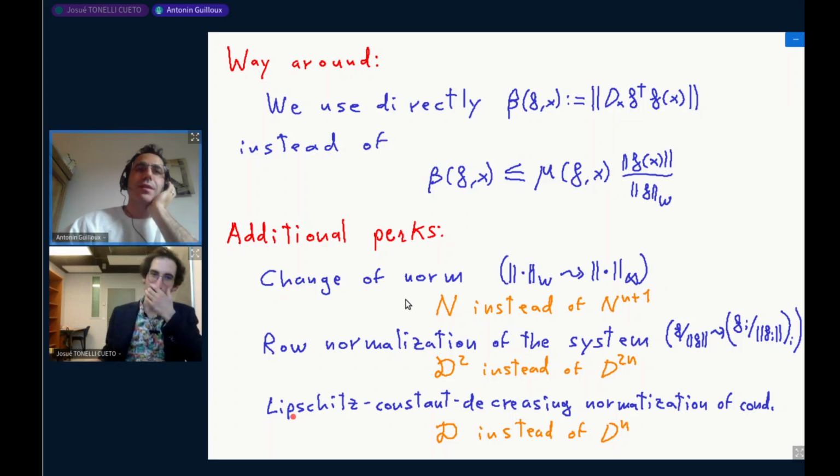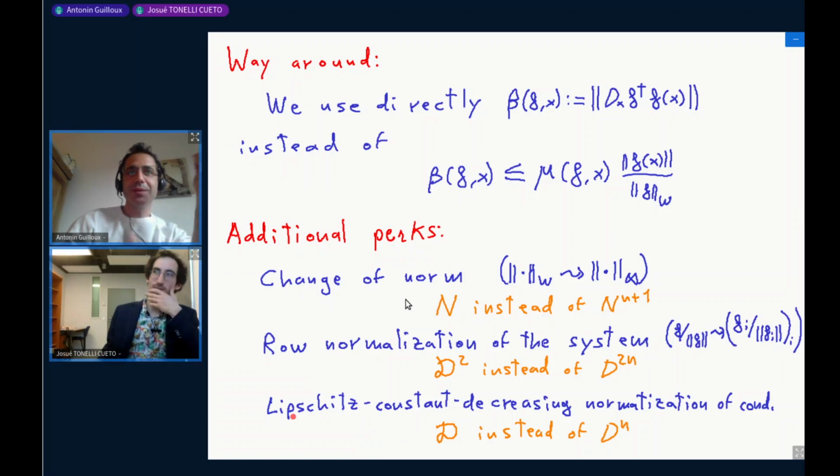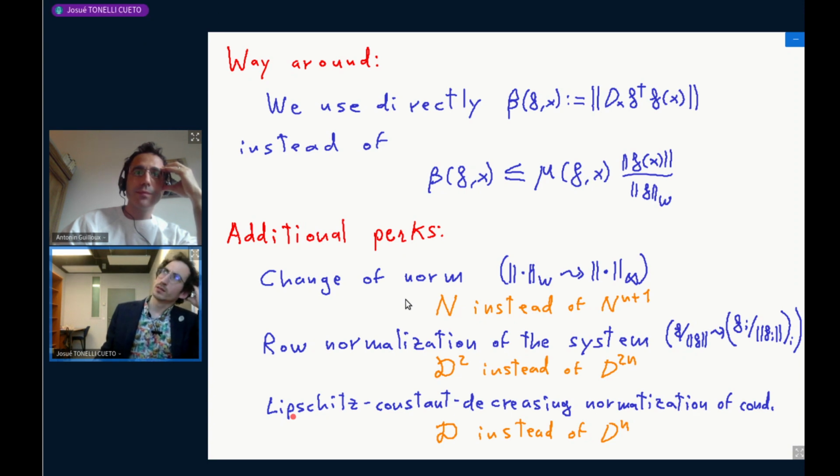And since you have already played with the norms, have you tried to take hypercubes instead of spheres? Not the cubes, but the boundary of a cube. Yeah, I mean, this we did, with Elias, for an Isaac paper.